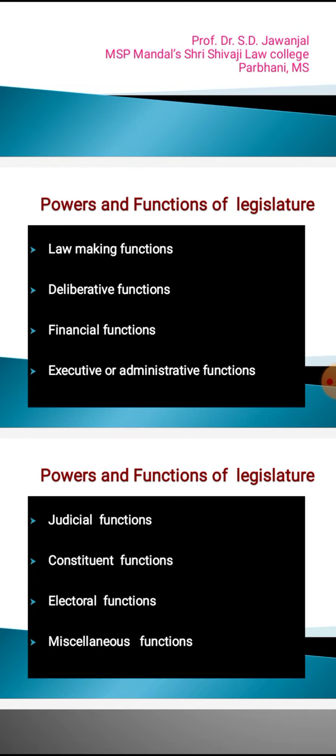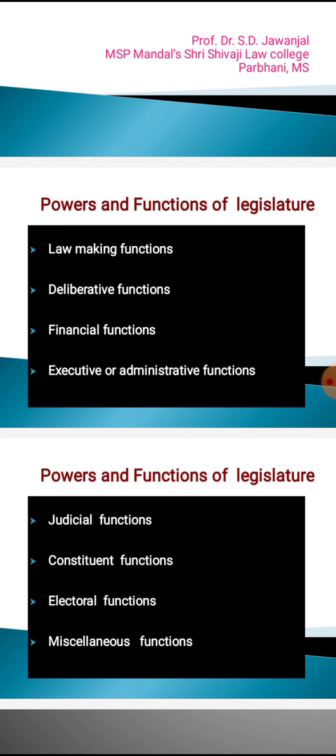The legislature converts the will of the people into laws. The executive organ submits the bills to the parliament, and through a process the legislature may convert them into laws. The laws passed by the legislature are known as statutes.